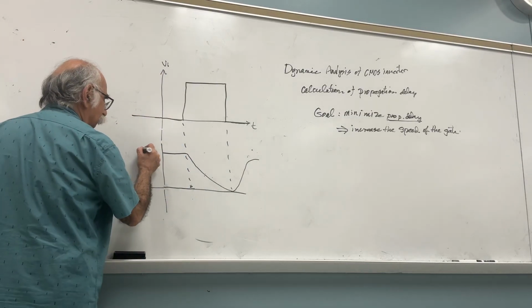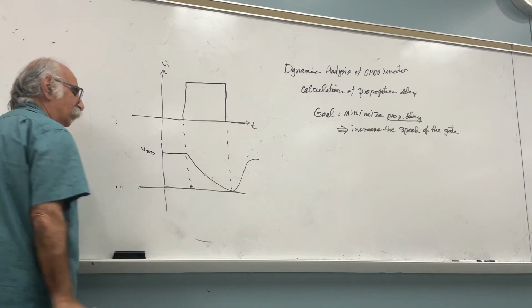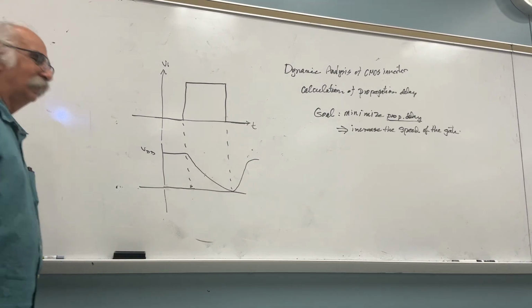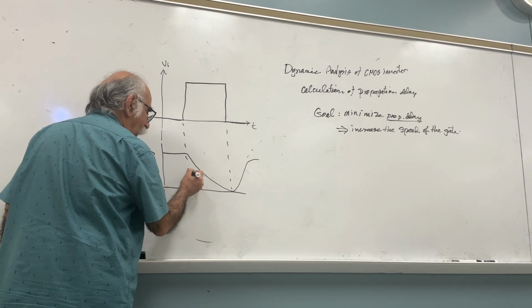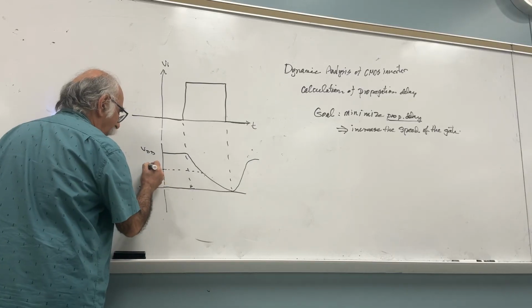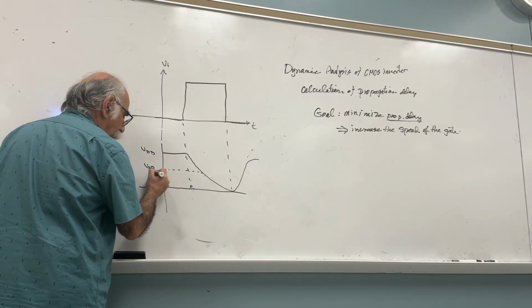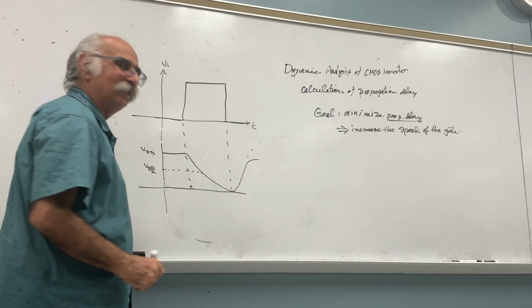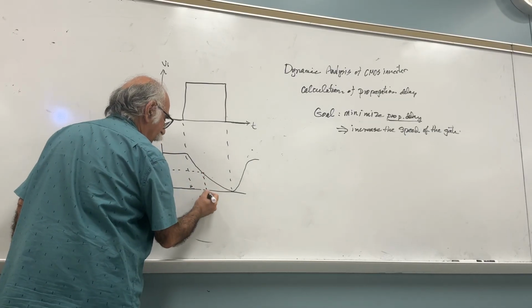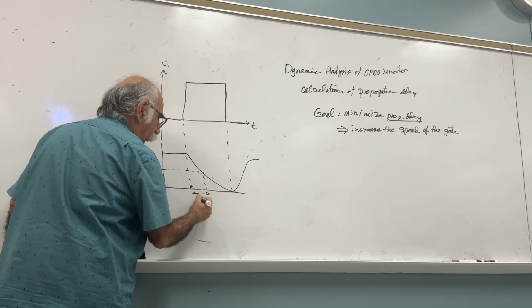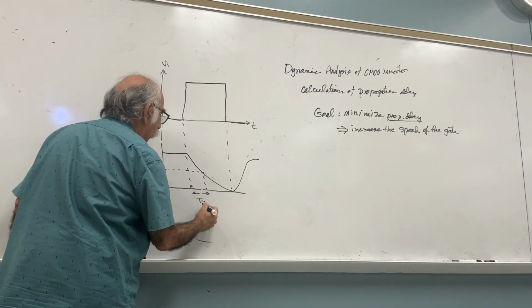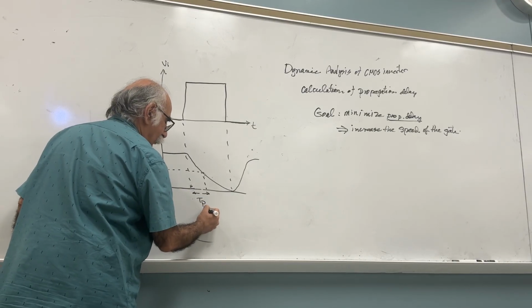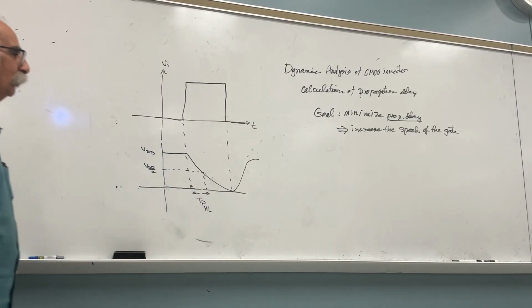Now let's assume this is VDD. The time it takes to drop to VDD over 2, from here to here, we call it tP HL.